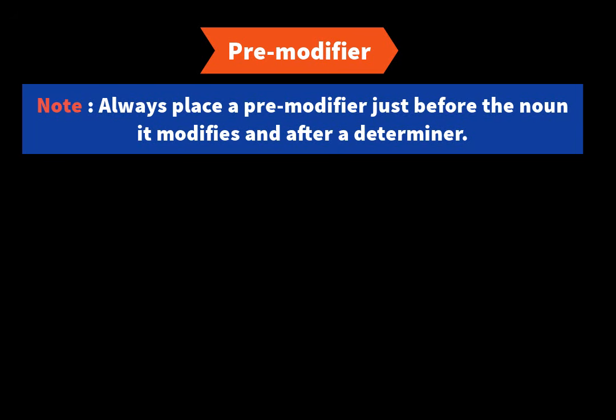Now, guys, one important thing you have to take care of. You always have to place the pre-modifier just before the noun it modifies and after a determiner. If you also have a determiner, make sure you put the determiner first, then the modifiers, and then the noun it modifies.